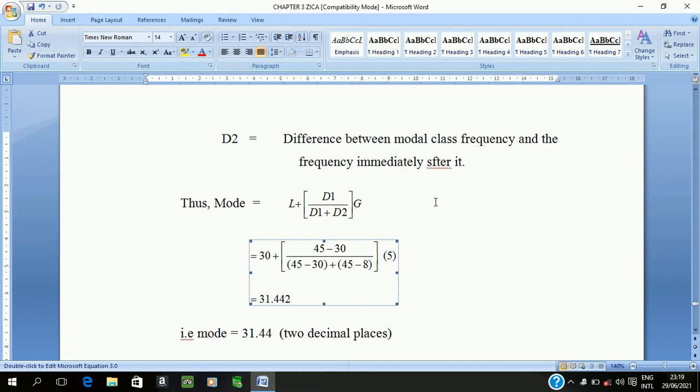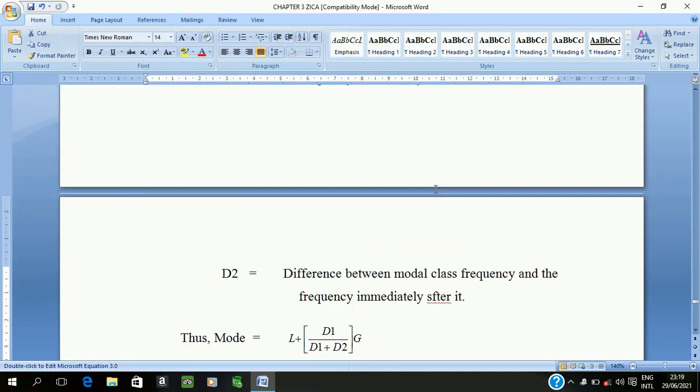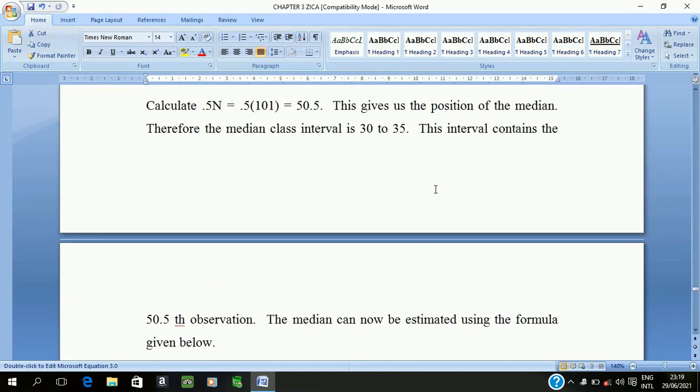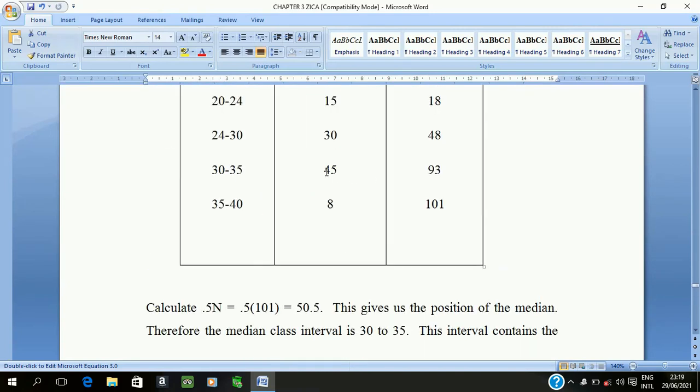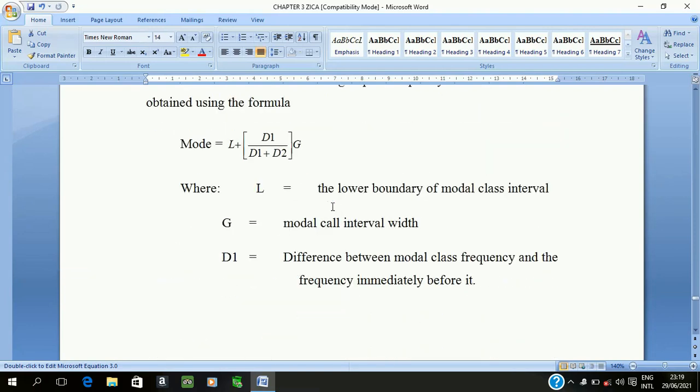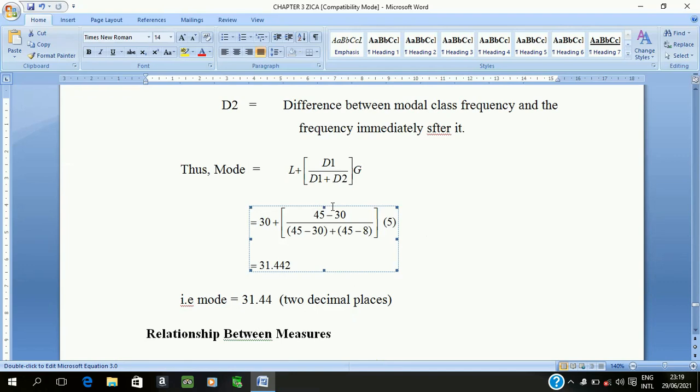D2 is the modal class frequency minus the frequency immediately after it. Checking our table, the modal class frequency is 45, and the frequency immediately after it is 8. So for D2, we have 45 minus 8.